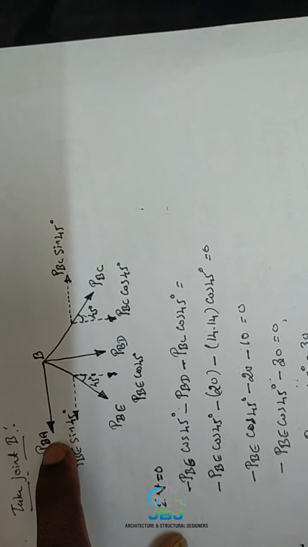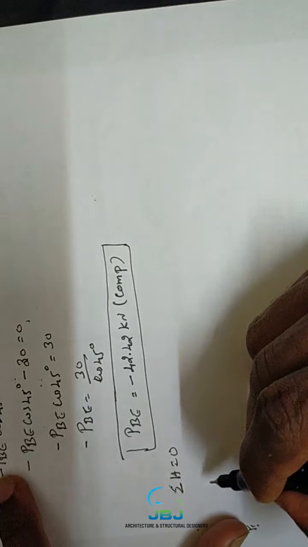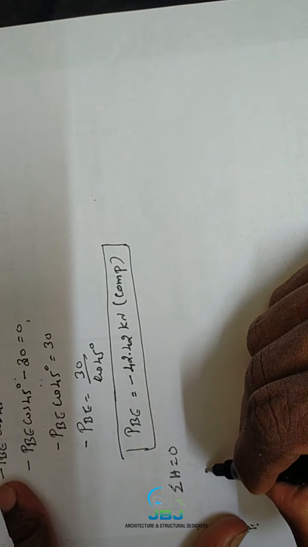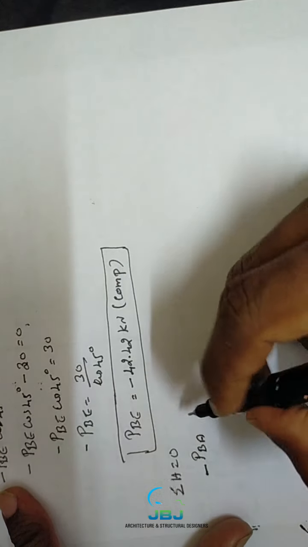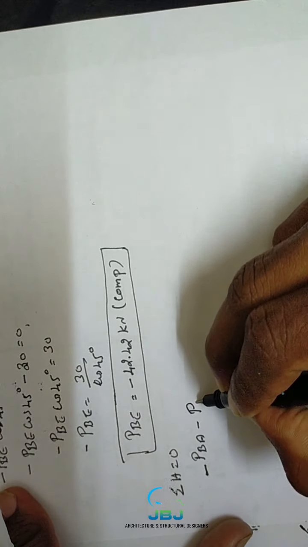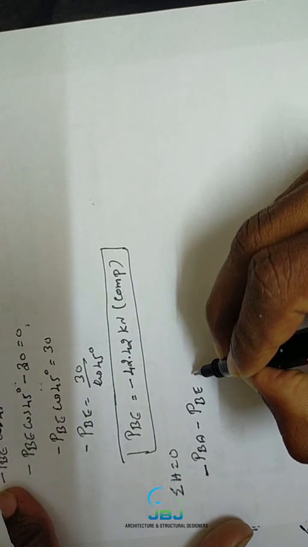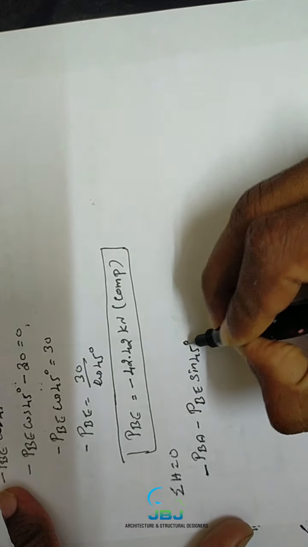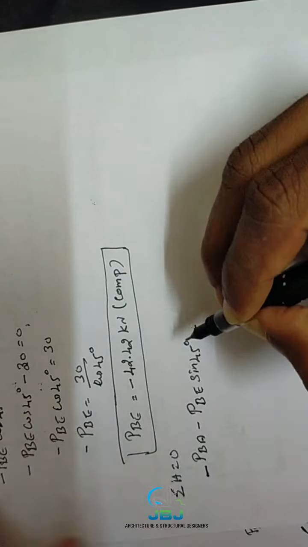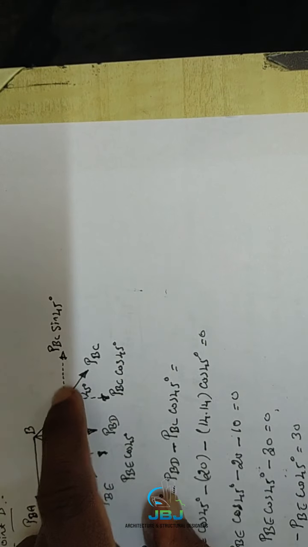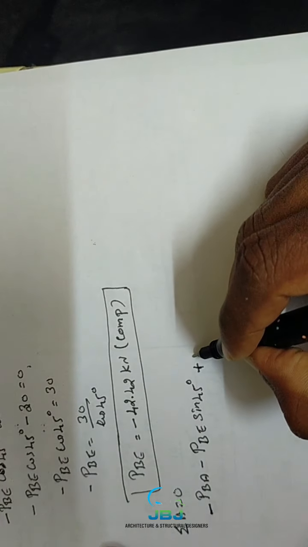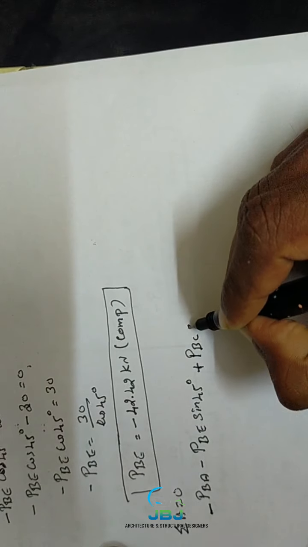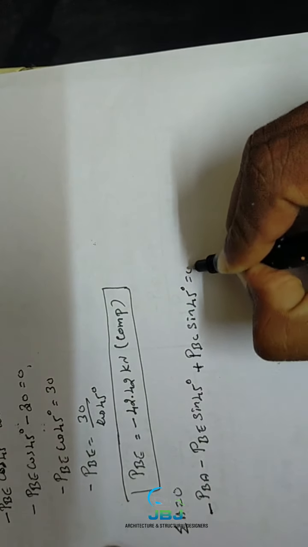So we can write: PBA, which is acting towards the leftward direction, so we put the negative sign, minus PBA, minus PBE sin 45 degrees, plus, because this horizontal component is acting towards the rightward direction, we put a positive sign, PBC sin 45 degrees equal to 0.